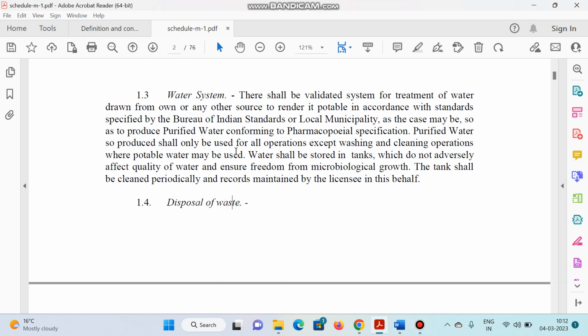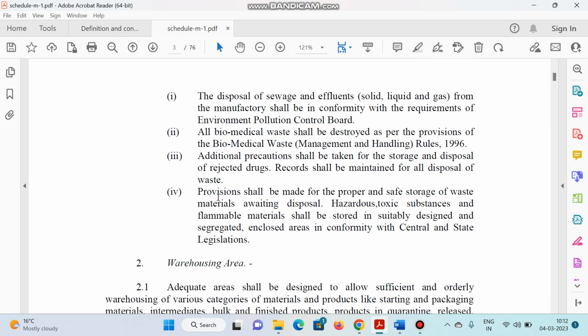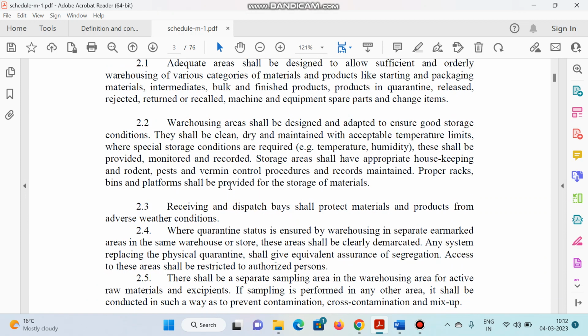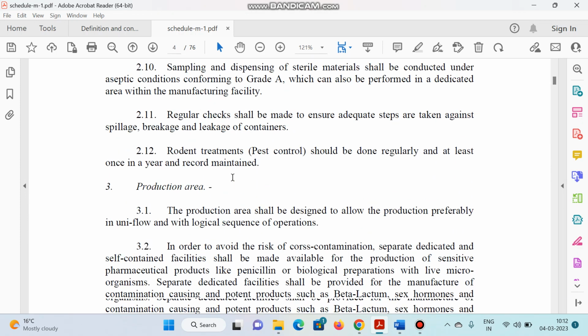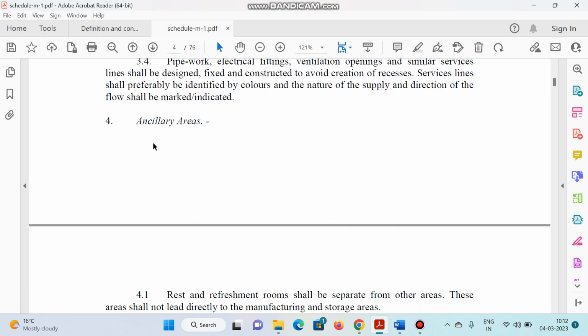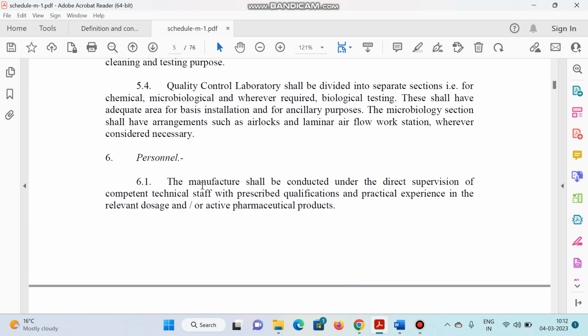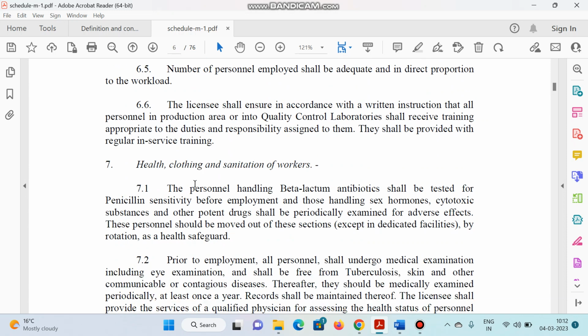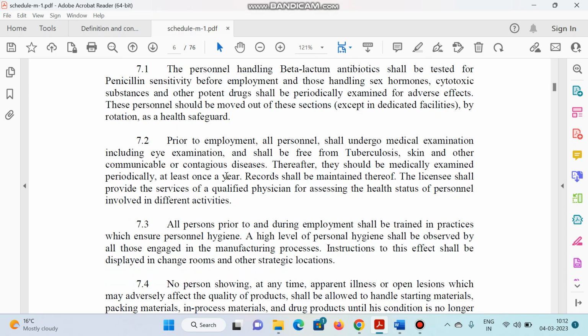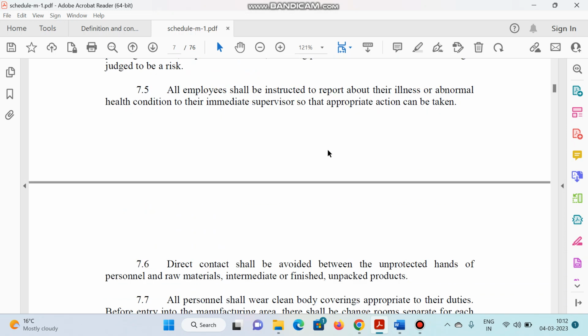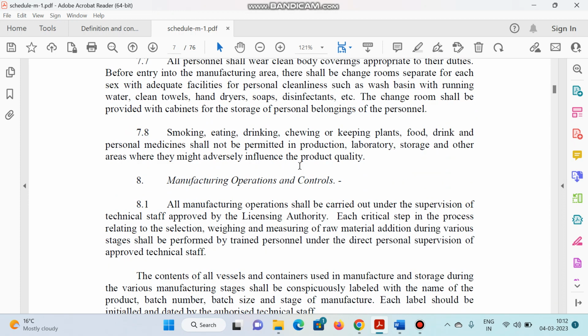Then we have water system requirements, even the disposal of waste, warehouse area, production area, ancillary areas, there are different quality control areas, everything about personal hygiene, health, clothing, sanitation, everything is a part of Schedule M and it is well documented also in the Drugs and Cosmetics Act and Rules.